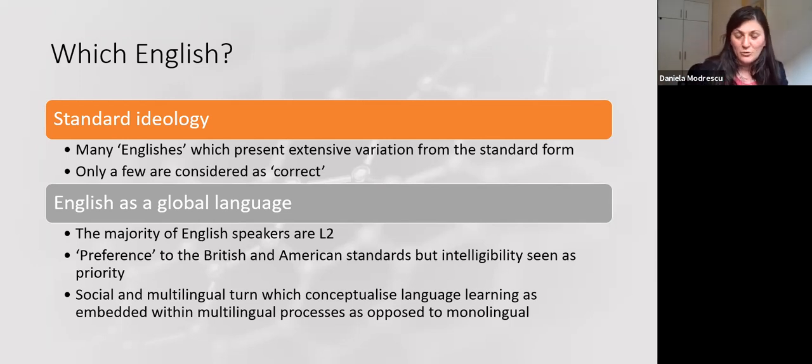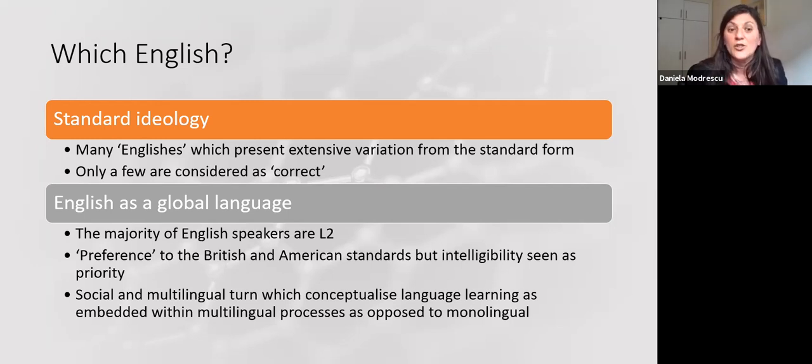which is what learner-centered would be, the curriculum would be based on the fact that the majority of speakers nowadays are L2, and that although a preference is still maintained for the two main standards, as they're called, intelligibility is increasingly seen as a priority.